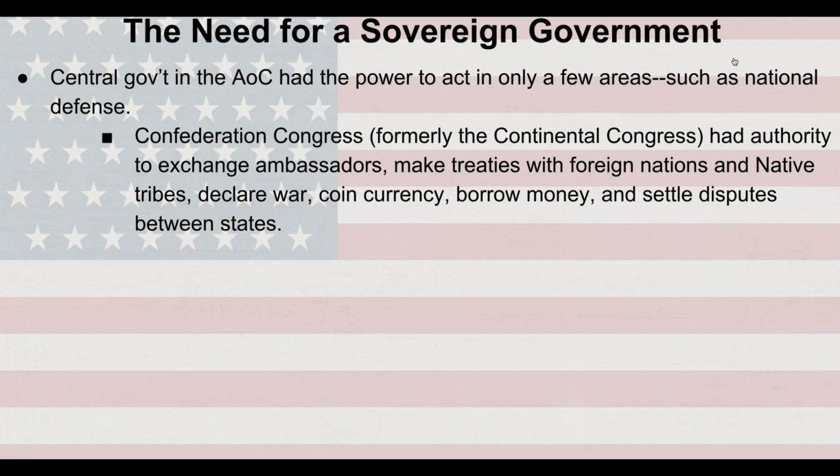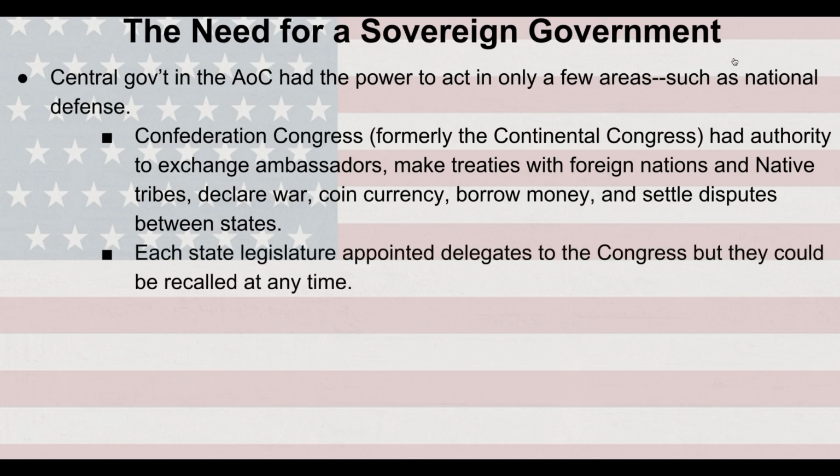But there were some significant deficiencies within this constitution as well, this national government as well. At the national legislature level, each state will appoint a delegate or a group of delegates to the Congress, but they could be recalled at any time.